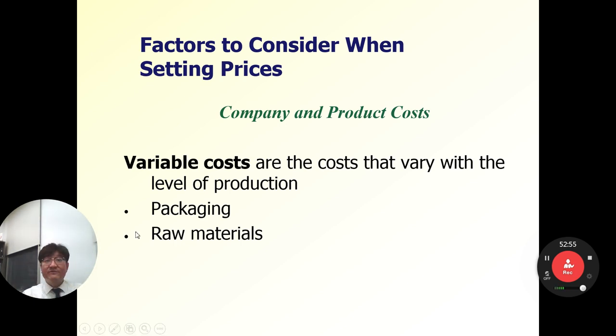So you have to pay more money if you want to make more units. That is the variable cost. Packaging is the same thing. If you want to make or sell more units, you have to pay more for the packaging. That is an example of variable cost.